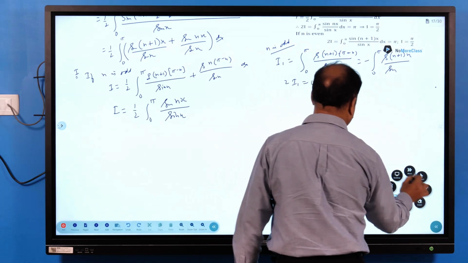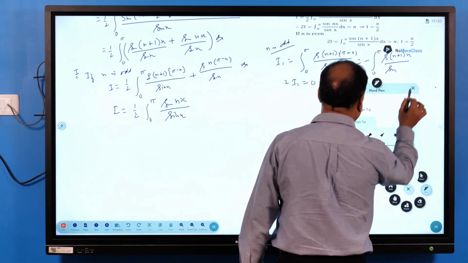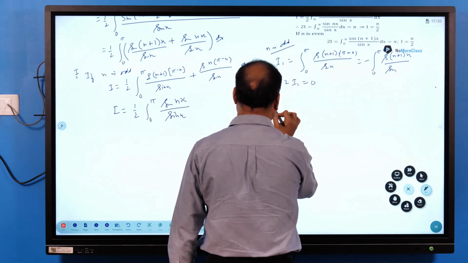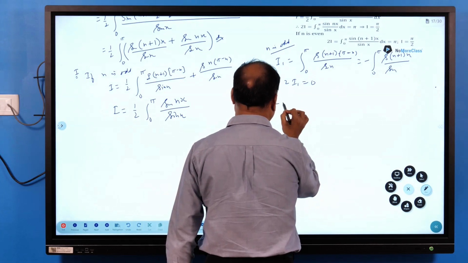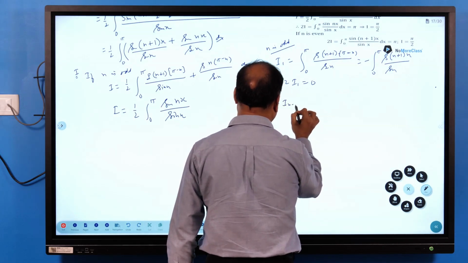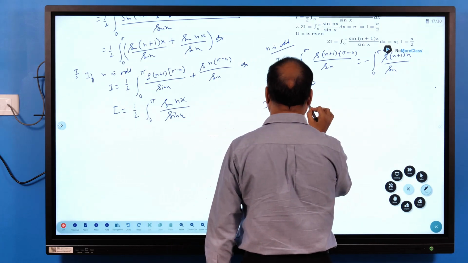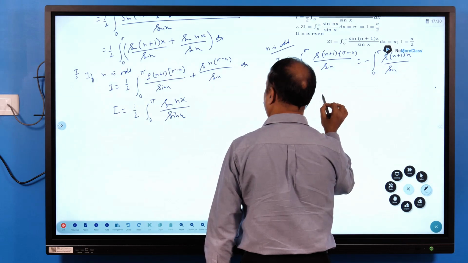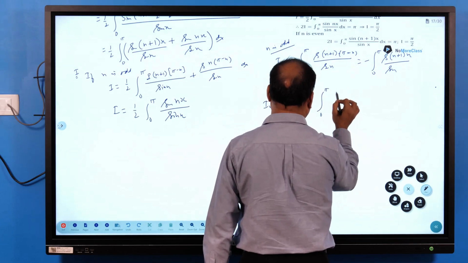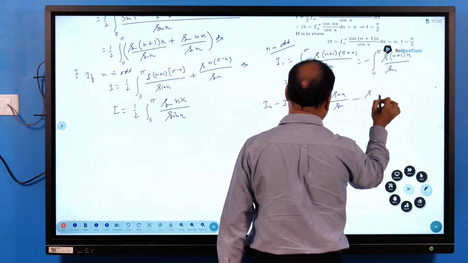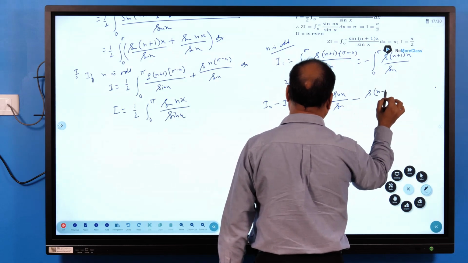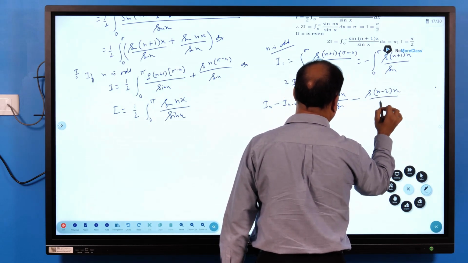So let us consider I_n minus I_(n minus 2). This will be equal to integral 0 to pi of sine(nx) upon sine x minus sine((n minus 2)x) upon sine x.